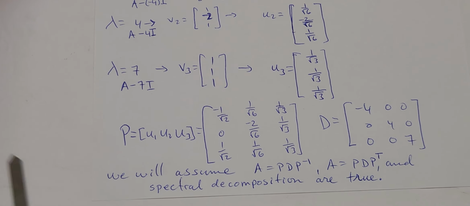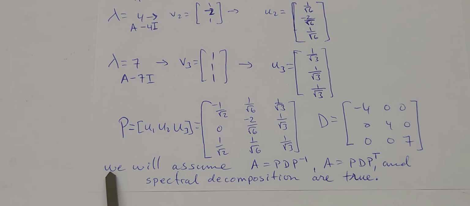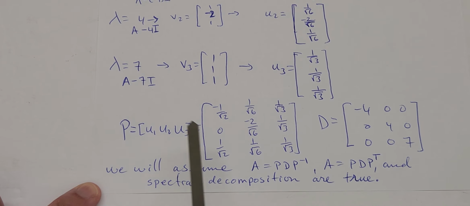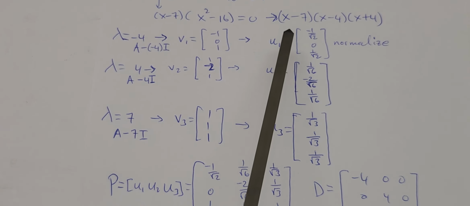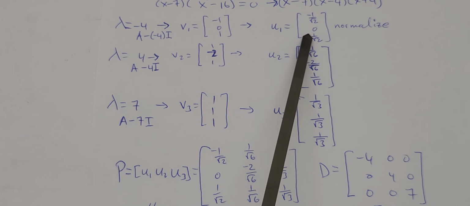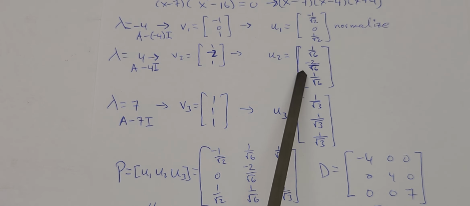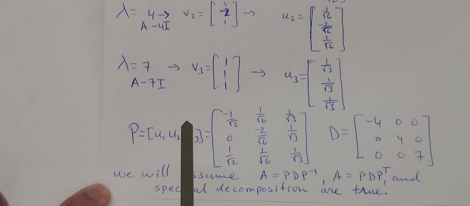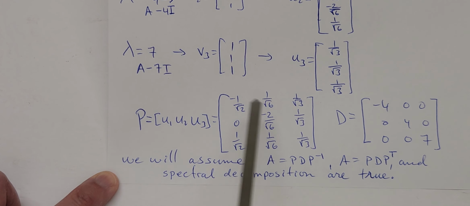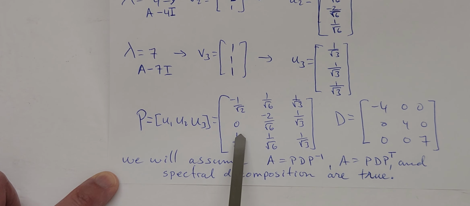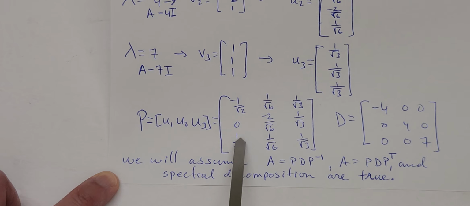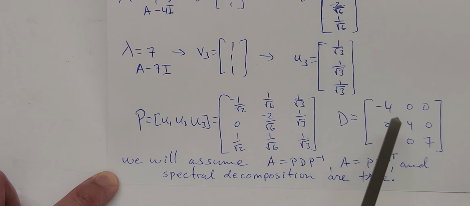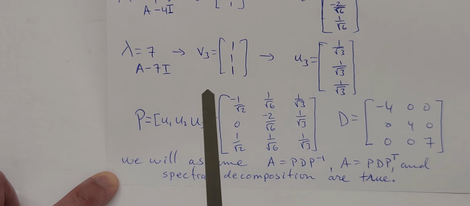All right, so normalized eigenvector 1, normalized eigenvector 2, normalized eigenvector 3. Put that together, and that will become the matrix that we are looking for. This matrix is our eigenvalue matrix. All right, so again, we're going to shorten this.